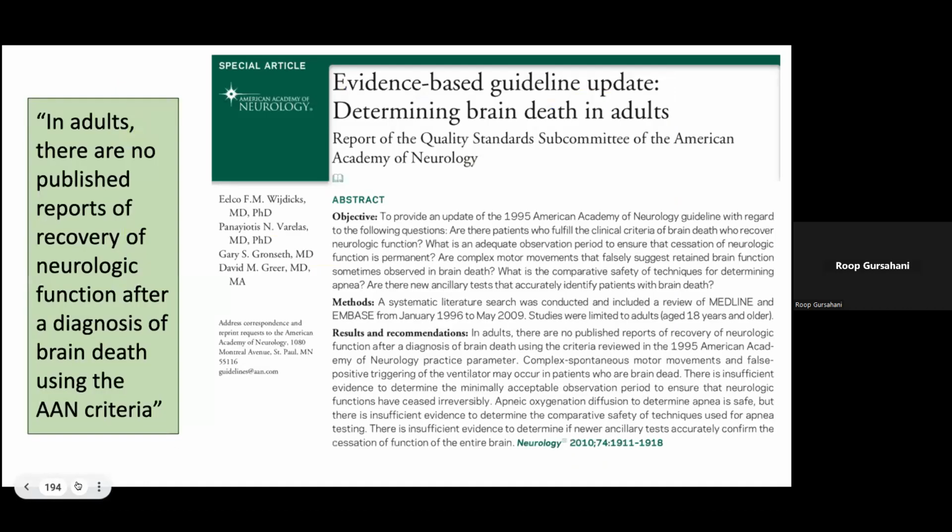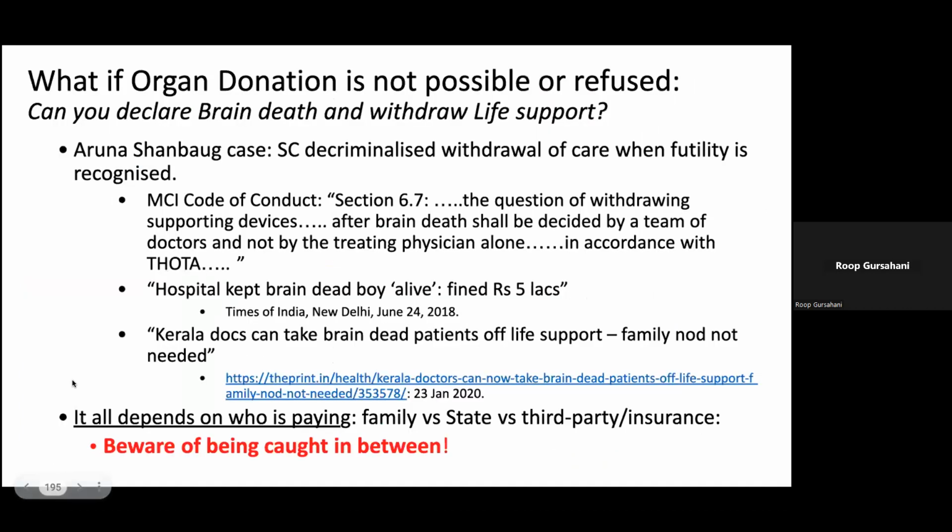So if brain death is diagnosed appropriately using what are termed the AN criteria, nobody has recovery of neurologic function after that. And remember that regardless of whether organ donation is possible or not possible or refused, we are now moving towards the stage where if somebody is diagnosed with brain death, it's important to remove the ventilator.